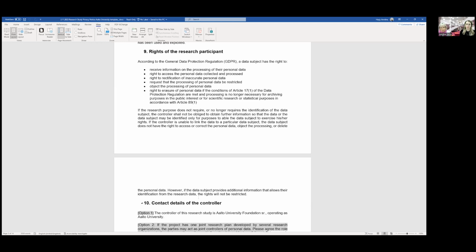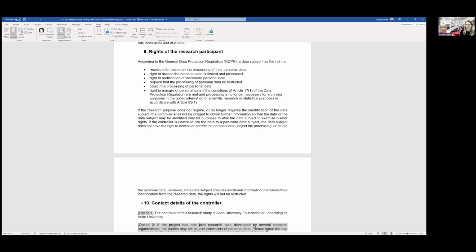And usually the people who wish to participate in scientific research have a very positive view of scientific research. In my 14 years, we have never had a case where somebody would all of a sudden start objecting to the processing of personal data.